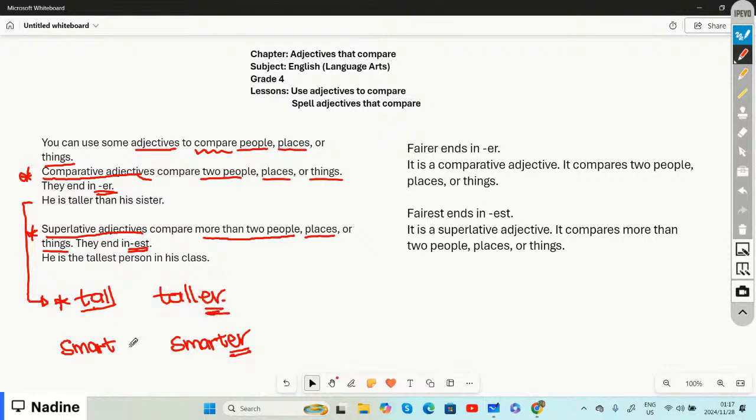But now, if we want to compare somebody to the rest of the class, which is more than two people, Adam is taller than Anna, but Jake is the tallest. He's taller than everybody in class.